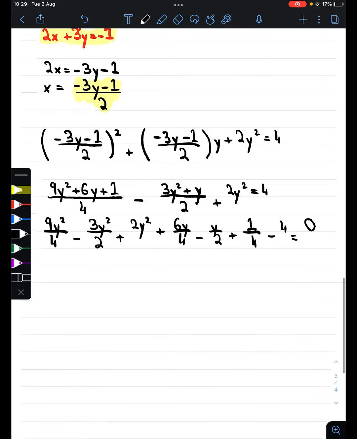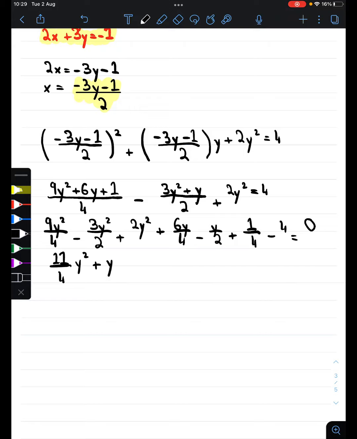Okay, so let's clean this up. 9 over 4 minus 3 over 2 plus 2 is 3 over 4 plus 2, which is 11 over 4. So 11 over 4 y squared. 6y over 4 minus y over 2 is just y.